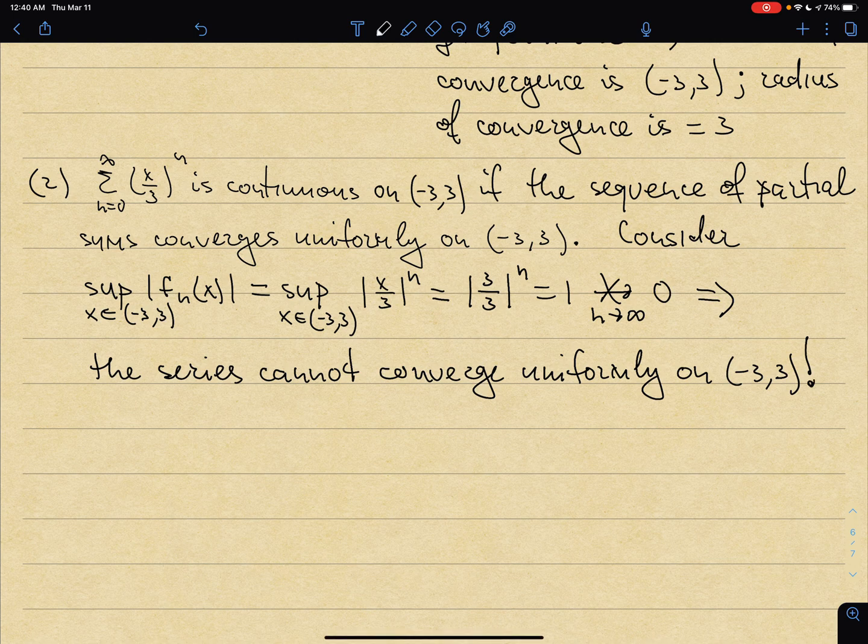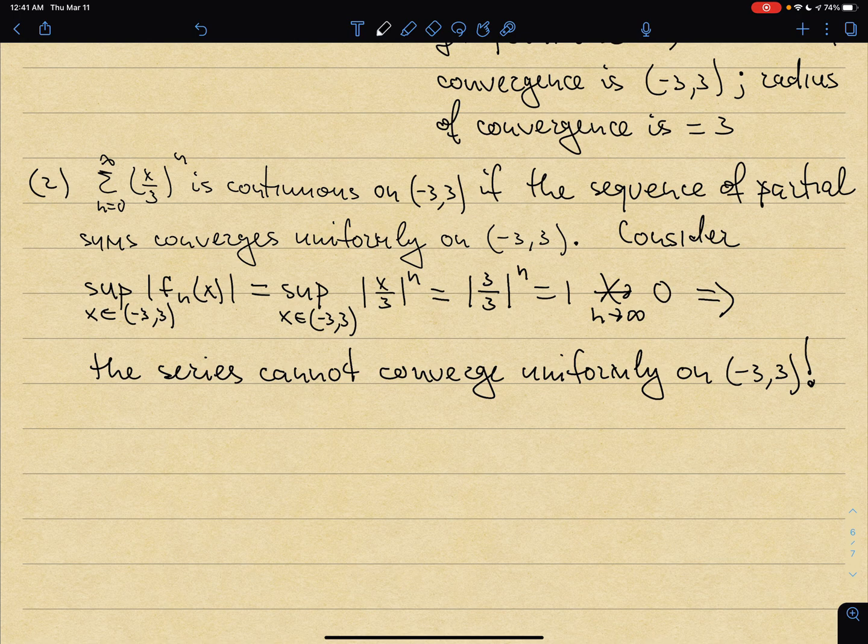And so I cannot really conclude whether or not the sum of the series is continuous, right? If I can verify the Cauchy criterion, then I can prove that the convergence is uniform. If I cannot verify the Cauchy criterion, I cannot prove the convergence is uniform, but it doesn't mean that the limit might not be continuous, right?